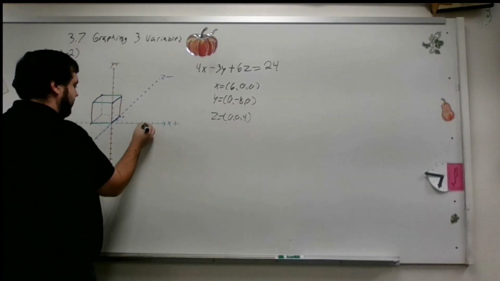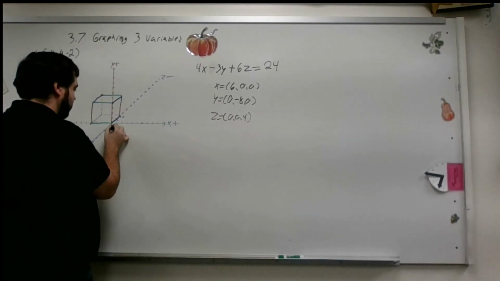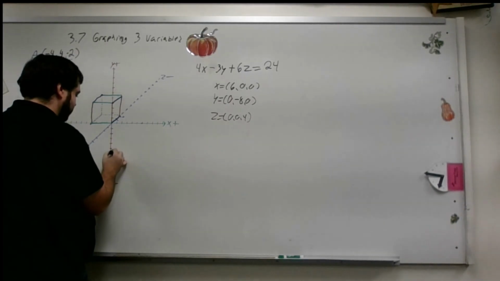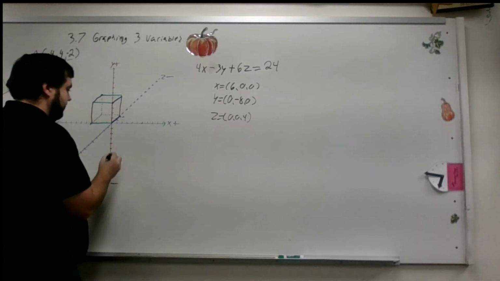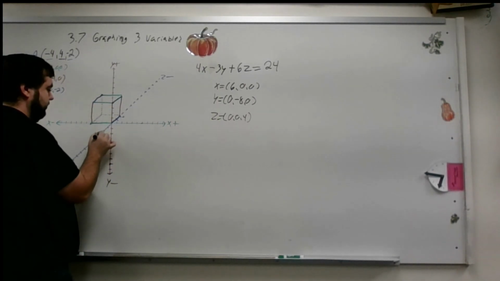So I graph them. I already did x. Now I'm going to do y: 5, 6, 8. And finally my z: 1, 2, 3, 4.